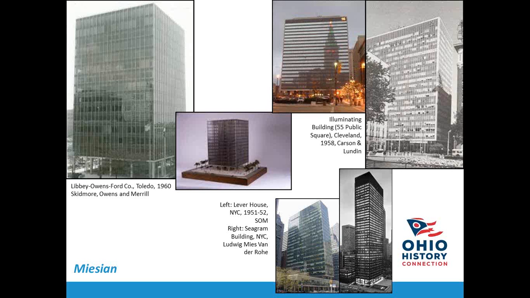Mies van der Rohe and some of his contemporaries practiced in a leading school in Germany. The Bauhaus was considered the premier school of architecture at that time, similar to the École des Beaux-Arts in Paris. However, the Nazis closed it down.